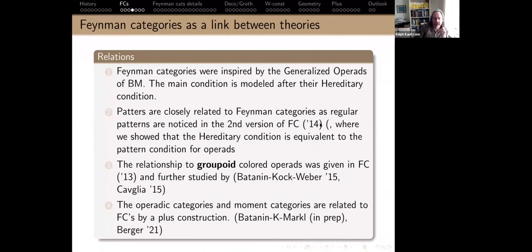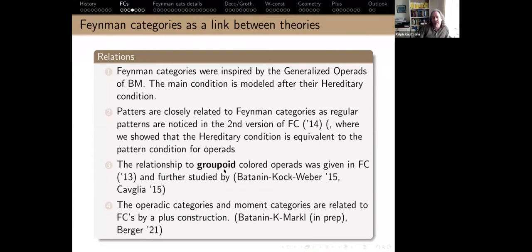And we showed in the 2014 version that the hereditary condition is actually equivalent to the pattern condition. So the hereditary condition is something combinatorial you can just check. And this one is something which is a condition given on coends. So it uses a little bit more category theory, and in a sense, I would not know how to prove it unless you have the hereditary condition.